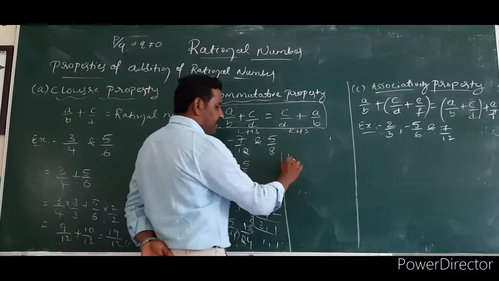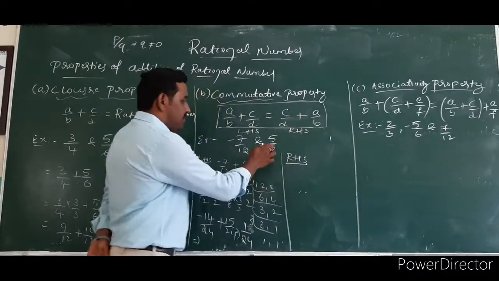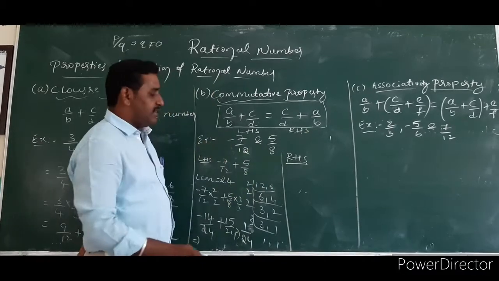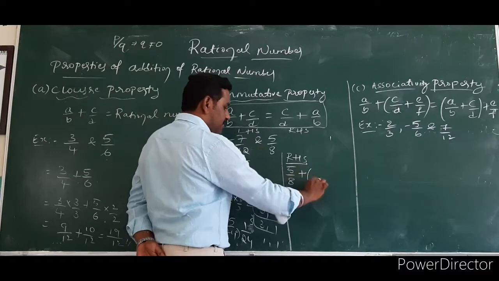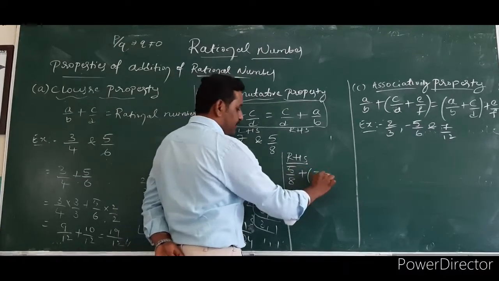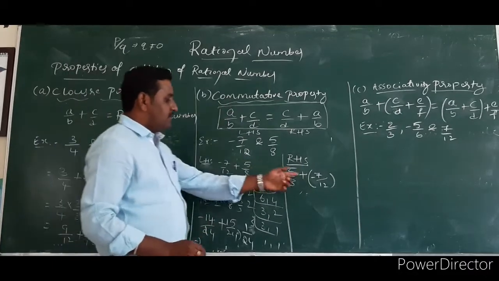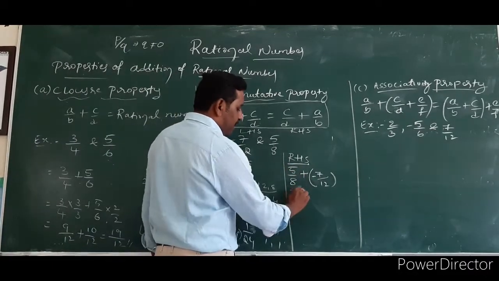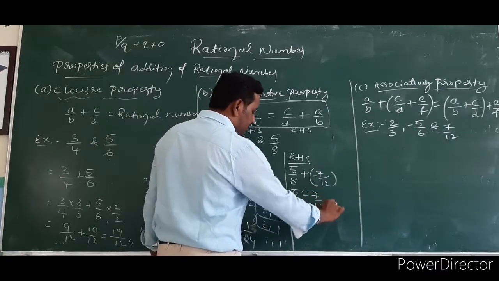Again, you can check for RHS also. What is RHS? C by D plus A by B, so you add reversely. 5 by 8 you put first, next minus 7 by 12. Because the minus sign is given, you have to put it in a bracket: 5 by 8 plus minus 7 by 12.